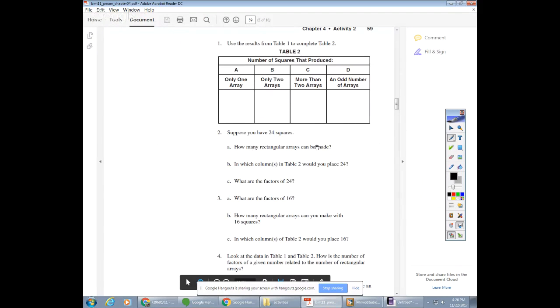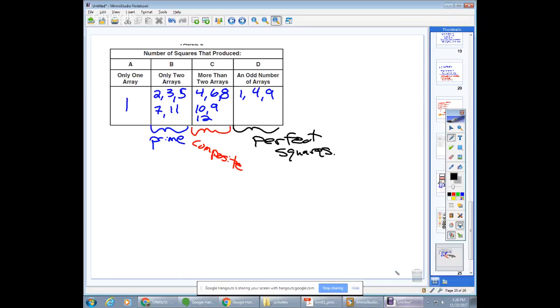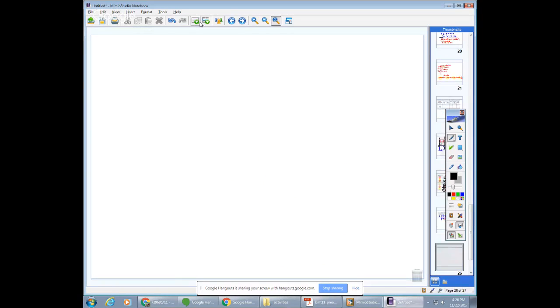24 can be made up into rectangular arrays in a bunch of different ways. Now, just to look at this in a slightly different way, when we're playing around with numbers and divisors or factors, there's a couple of different things we do.